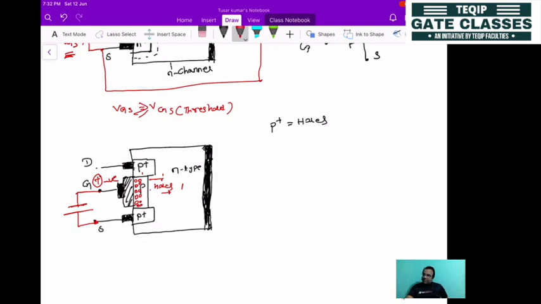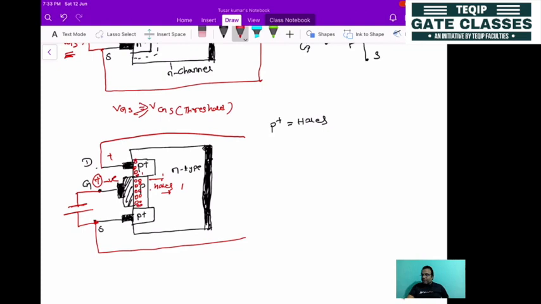Then after that, what you have to do? Now we'll be applying the drain to source voltage for biasing. There are also two possibilities. Like the previous case, if you make it positive, then what will happen? It will repel the holes, so that the conduction will not happen, because you need to have holes present near this metallic contact.